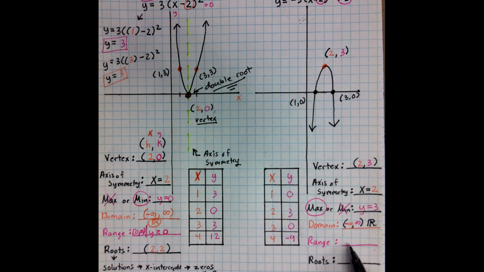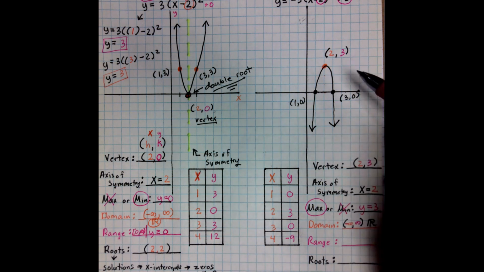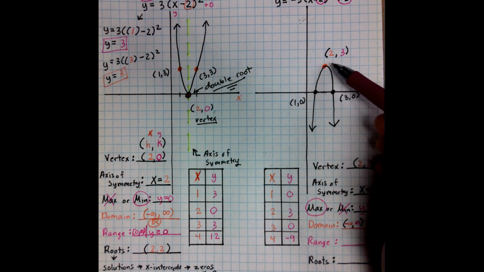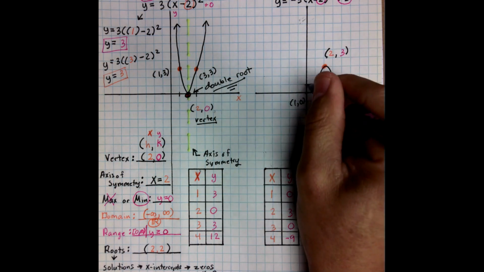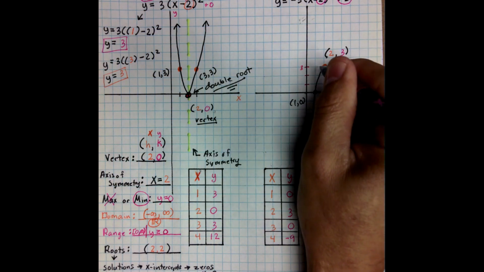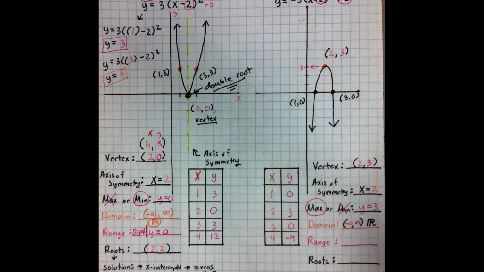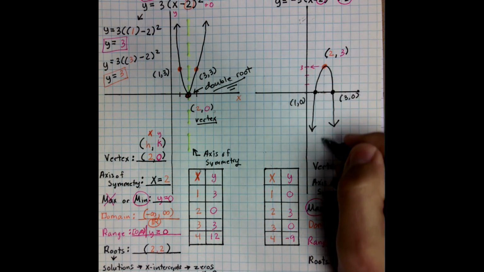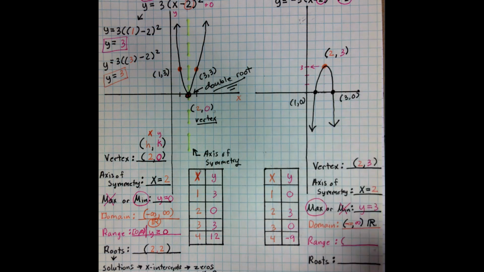Now I can also go ahead and write my range. I'm first going to write it in what we call interval notation. Now I know that in this particular point I have a maximum, right? And the highest it goes is 1, 2, 3. So that's the highest it goes. And so when I write the range on there, I can put my parenthesis, because we always want to put how far it goes down first.